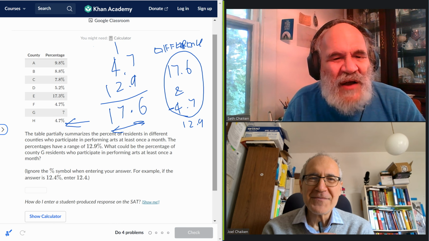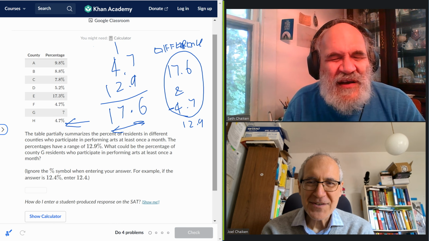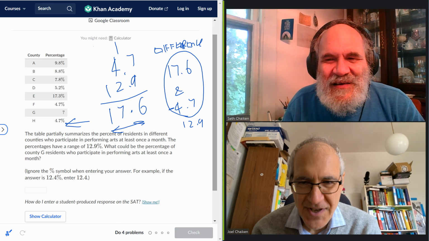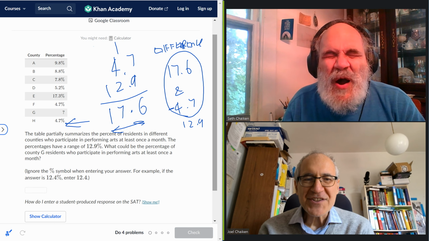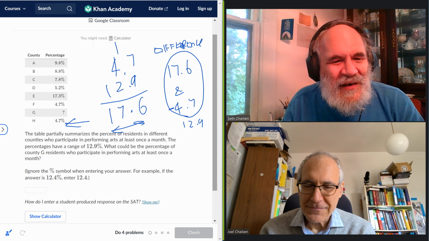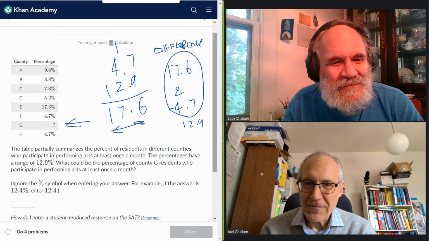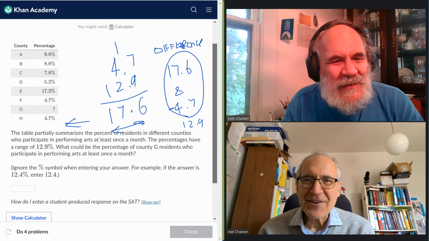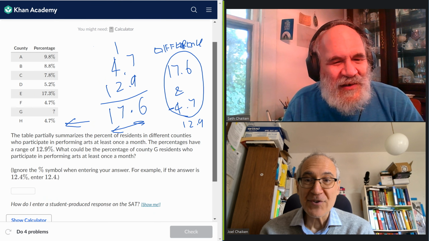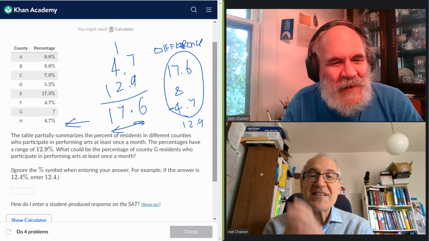They say the percentages have a range of 12.9%. Therefore, what does G have to be? That is the question. It's not that hard of a question conceptually, but you have to know the meaning of range. If you don't know the definition of range, you can't do the problem.